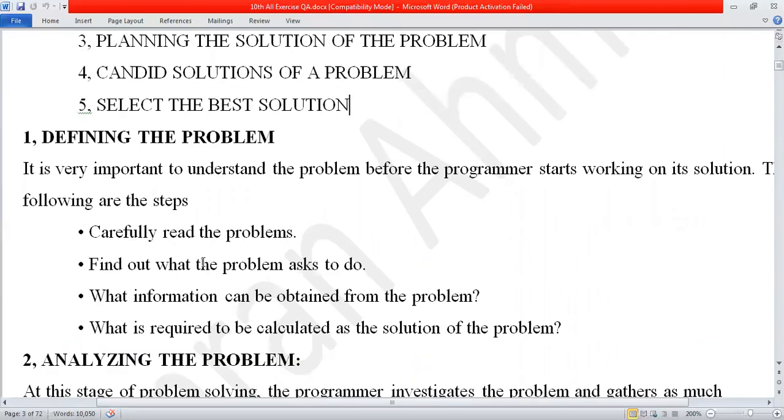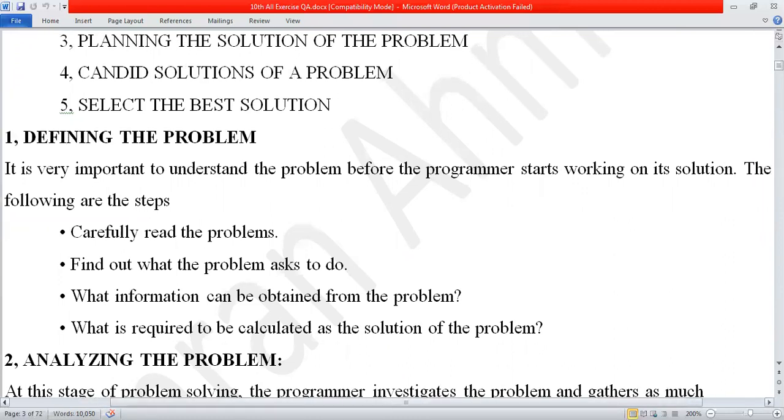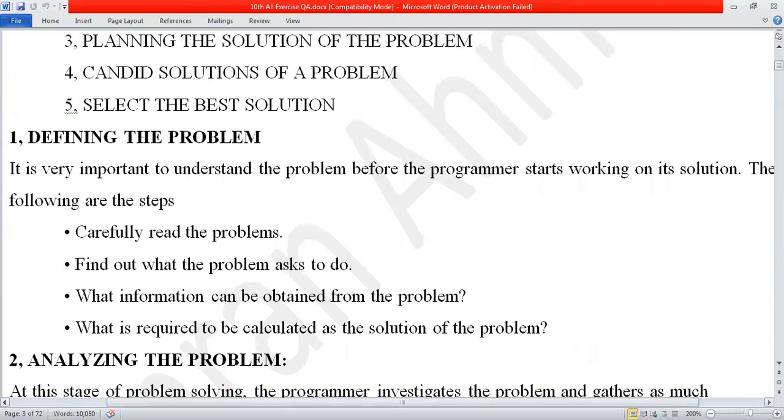It is very important to understand the problem before the programmer starts working on the solution. No need to sit at the computer yet. Let's say in a mathematics paper in the examination, what is the first step when you see the paper? Most students tick the question they will solve, saying I know this question.